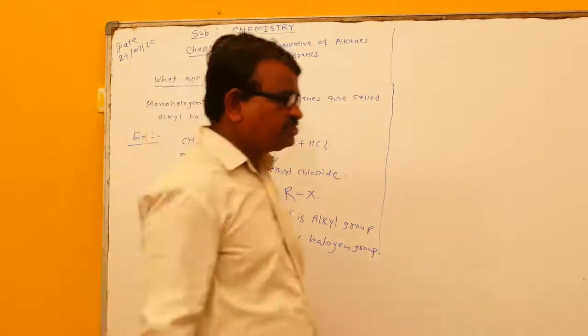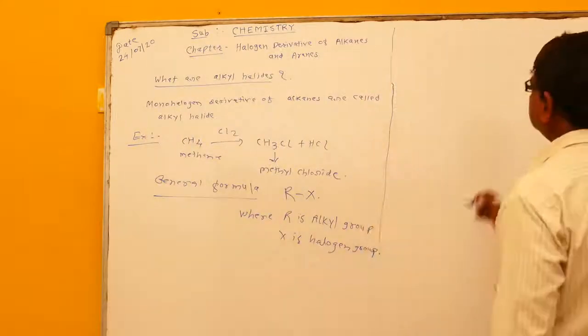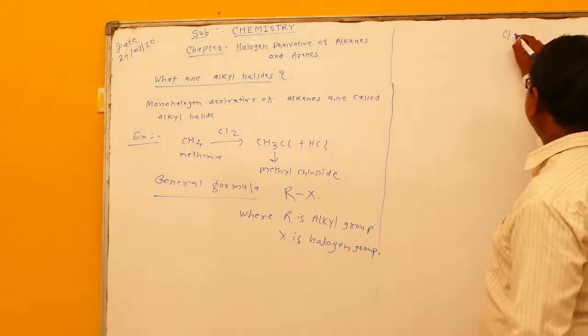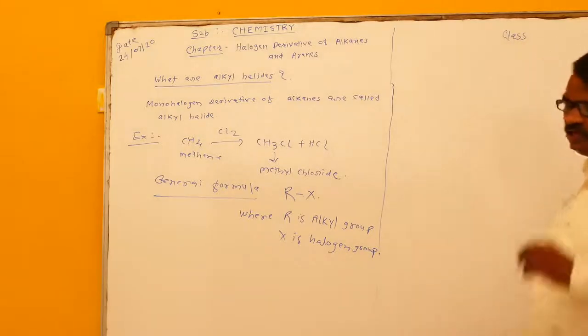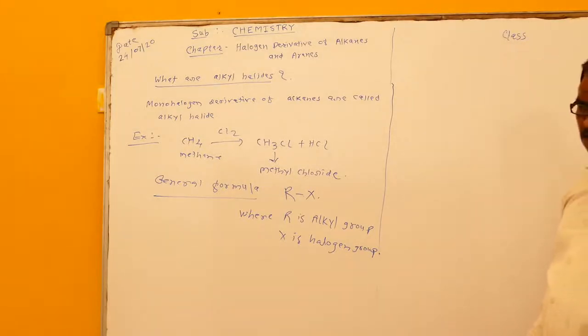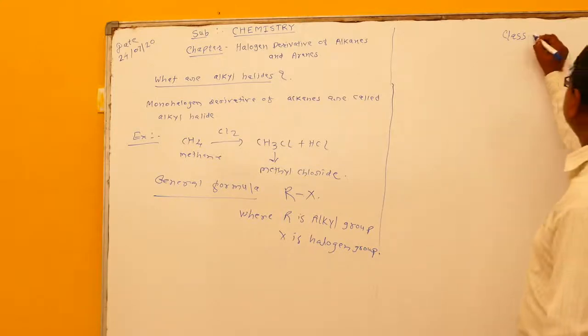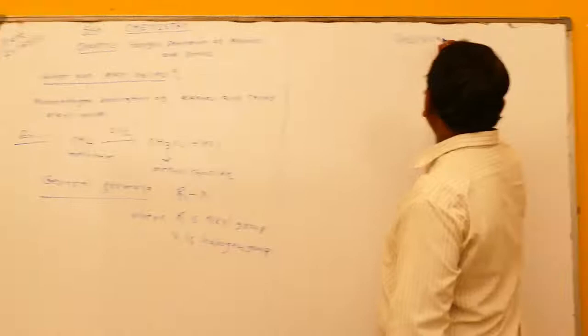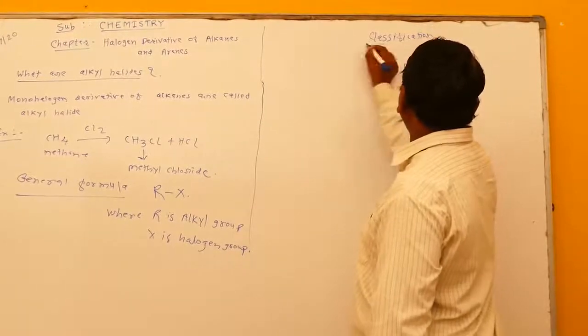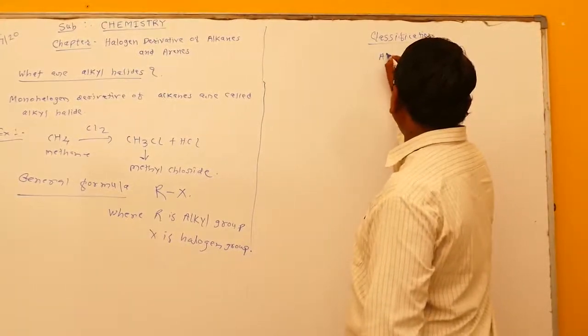Now its classification: alkyl halides are broadly classified into three types, depending upon the attachment of the carbon atom.